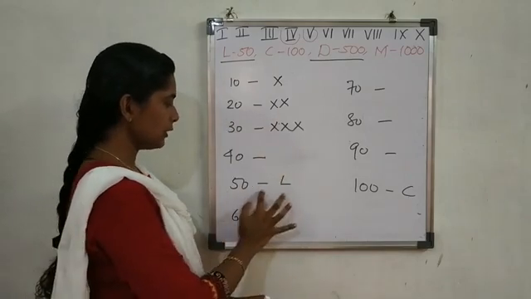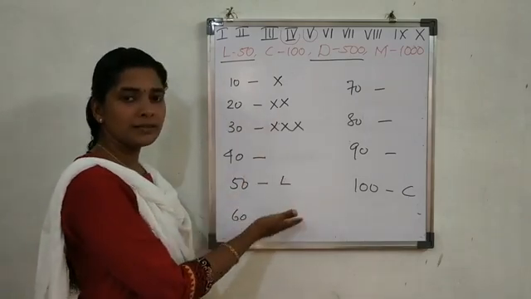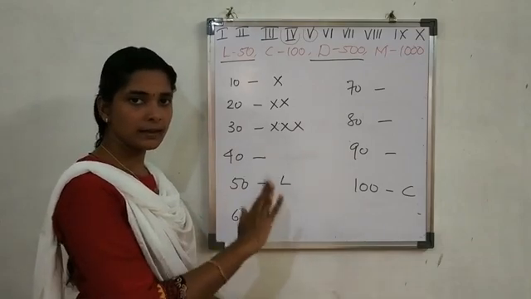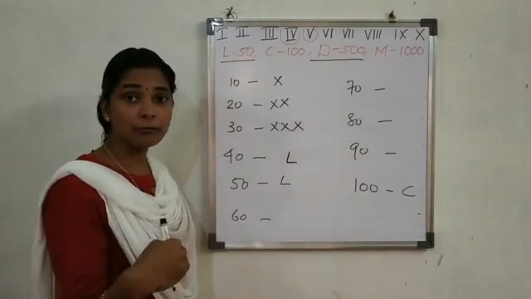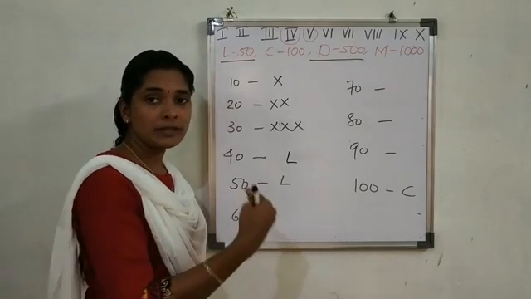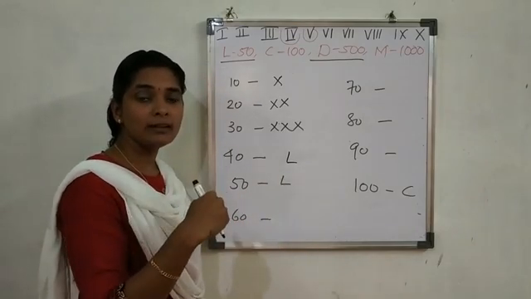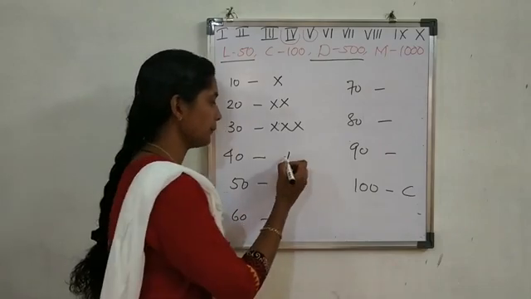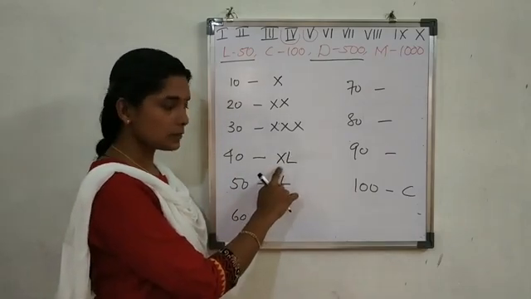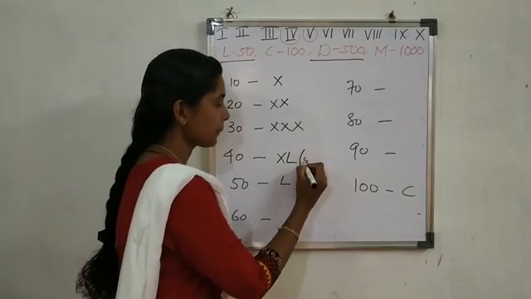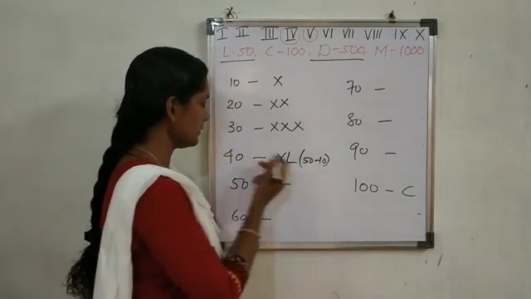Then 50 you know is L. 40 means 50 minus 10. 50 is L and we have to subtract 10 from this L. So for subtraction we have to write that 10 on the left side. That is XL. If we write X on the left side, this means 50 minus 10, that is 40.